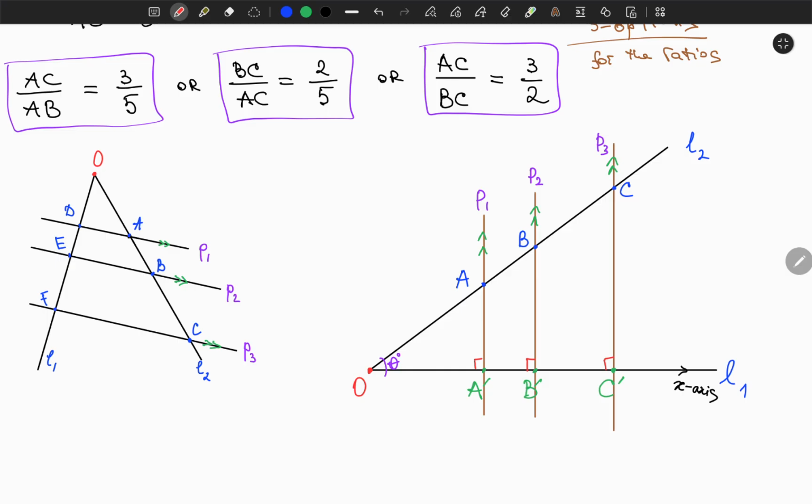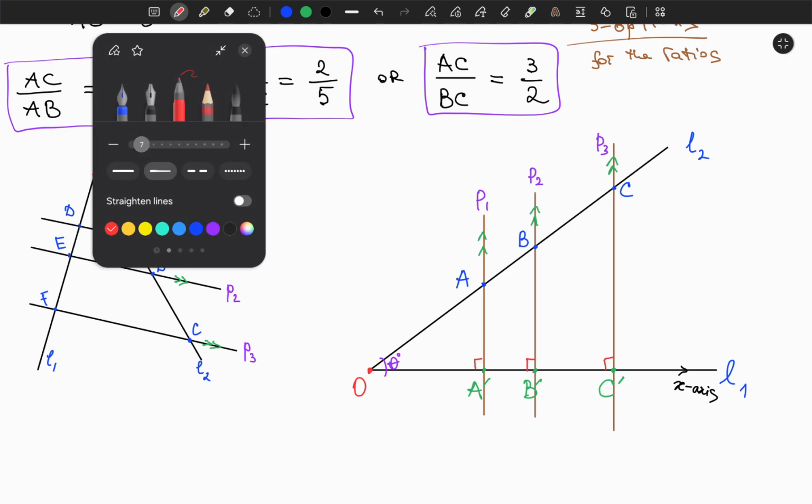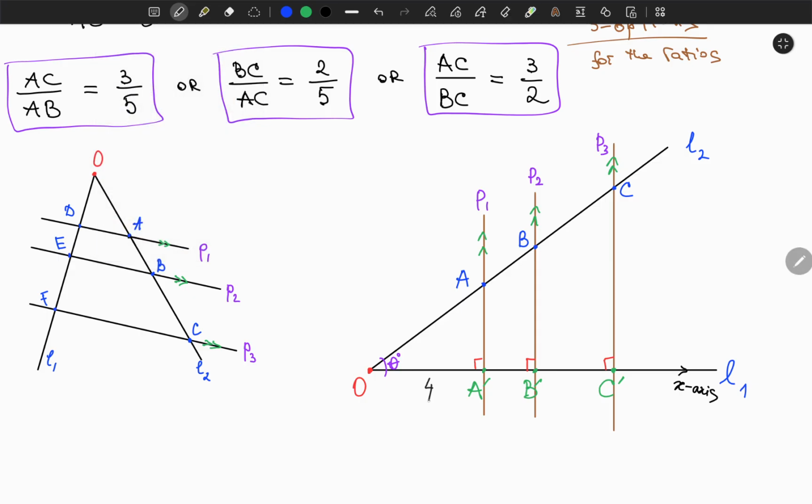In our case, this angle is 90 degrees. There are so-called popular numbers like 4, 3, 5. So let's choose these numbers. We don't know this measure for now.